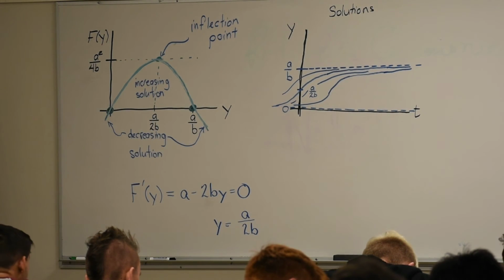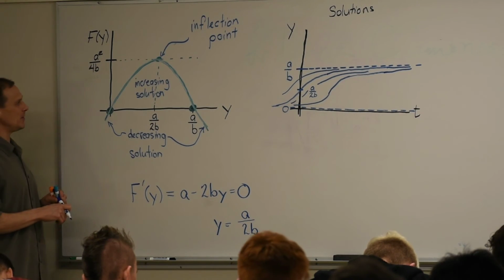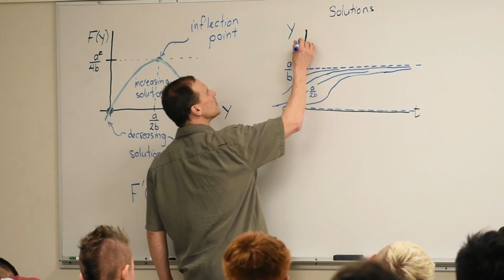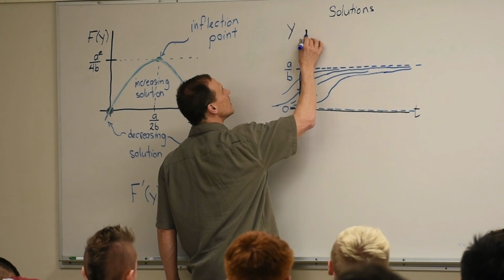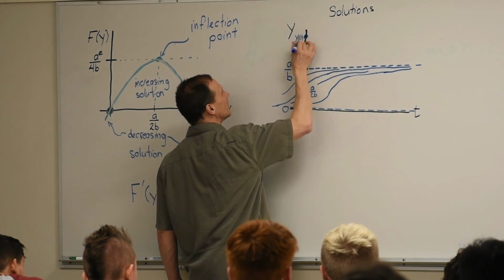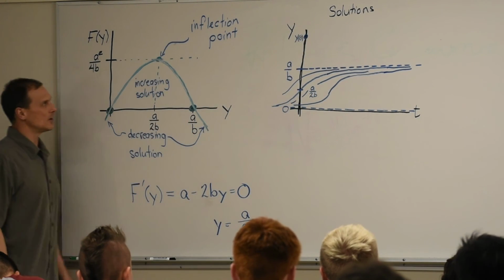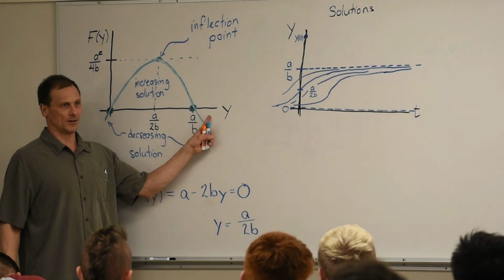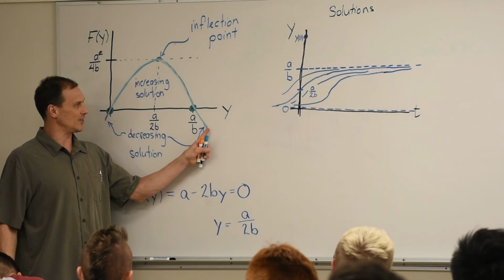Now, let's take a look. What happens if we're above a over b? For example, say we're up here. Maybe we start there, at some y of 0. What do I know about my function if I'm above a over b? I'm somewhere up here. We know that it's decreasing.